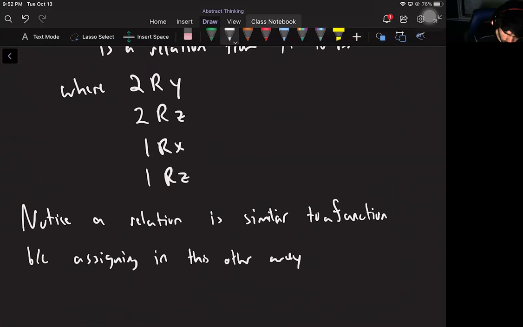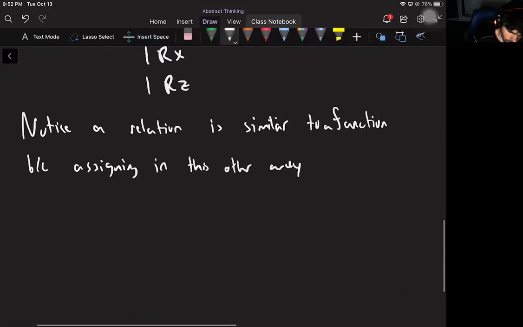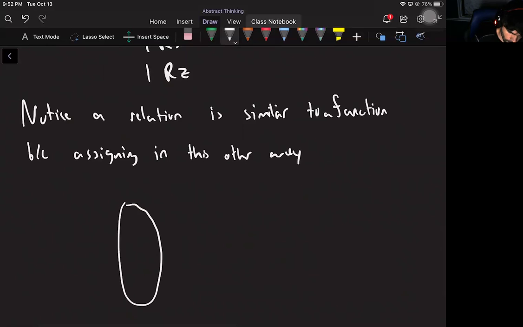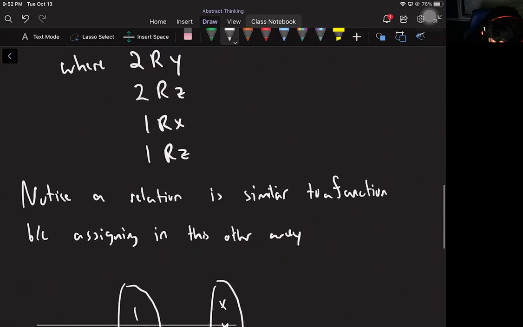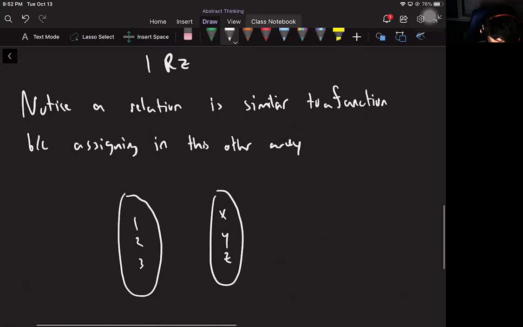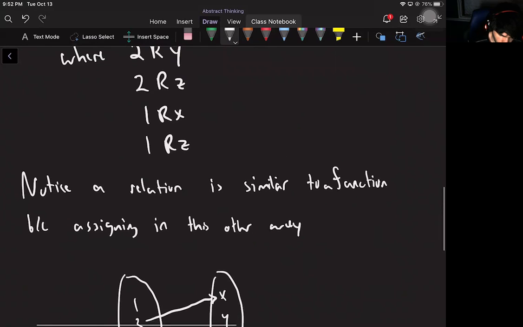So you could think about it in terms of these pictures, 1, 2, 3, x, y, z, where it's not a function because the assignment doesn't obey the rules of a function, but it still is an assignment where now I'm saying that 2 is assigned to x, but now it's, sorry, y.